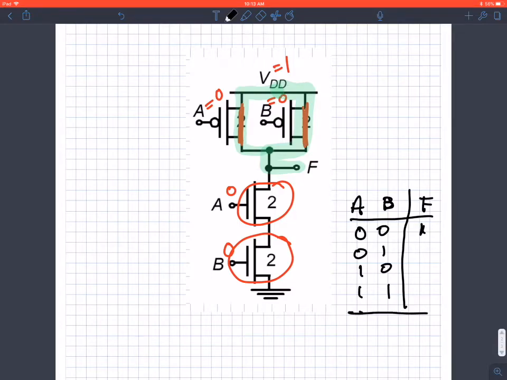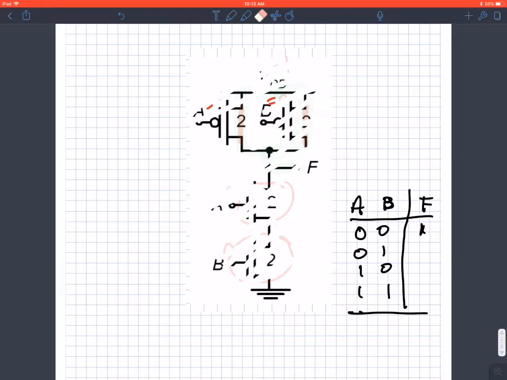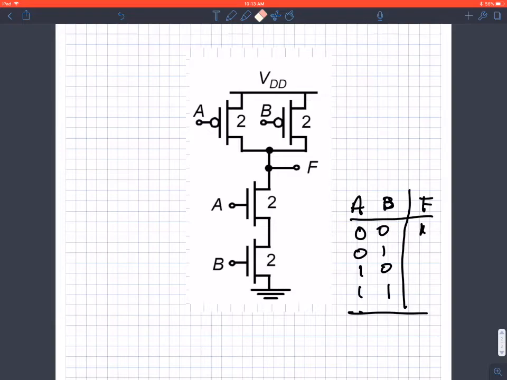Okay, let's do another. All right, so to do the other, let's clear what we had before. Okay, so in this case, we're going to have A equals 0 and B equal to 1. So A is a 0, B is a 1.